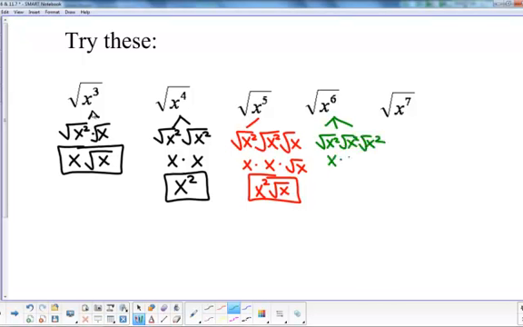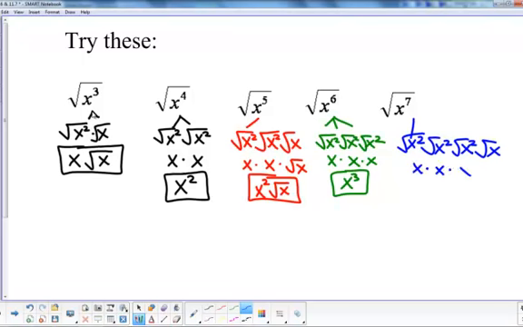So this is x times x, which is x cubed. And the square root of x to the seventh, since it's an odd exponent, there will be an x left under. Because remember, x cubed and x multiply to give you x to the seventh. So this would be x cubed root x.